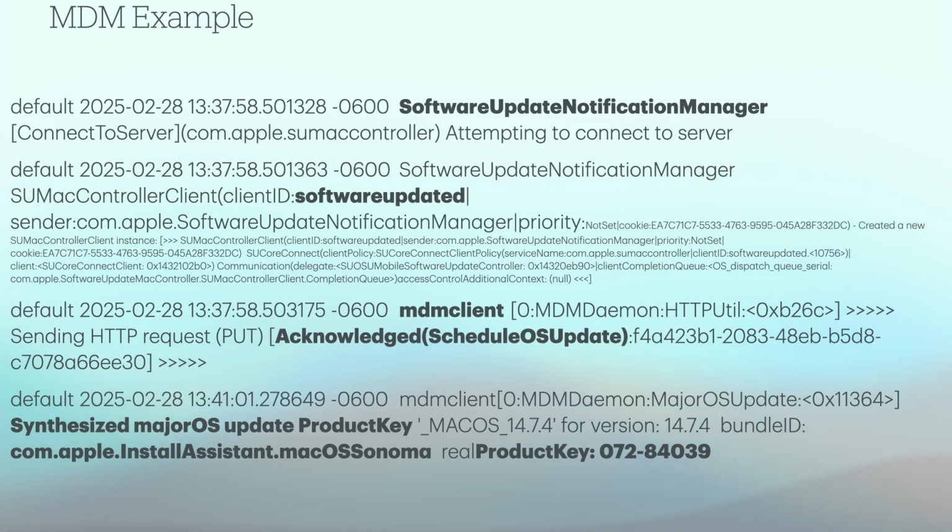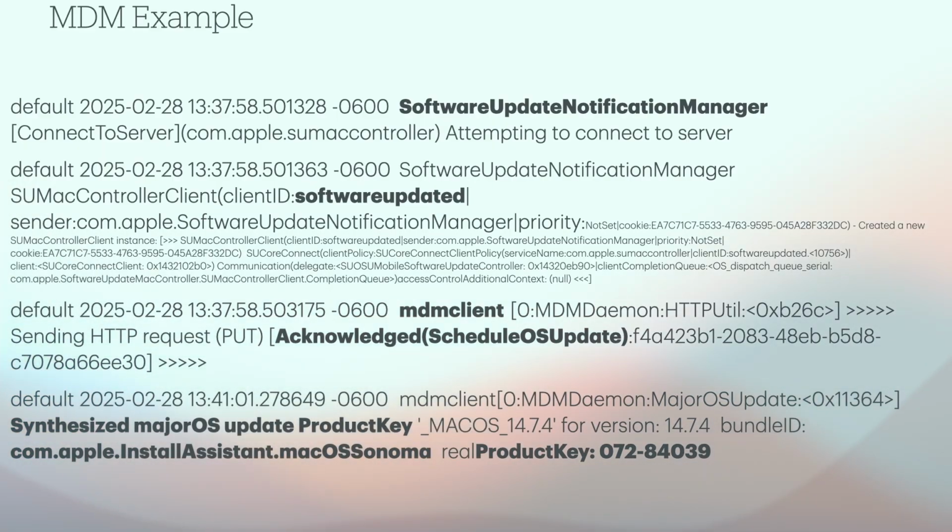Software update daemon is off to the races, and then MDM client, within the same second even, is going to go, okay, I've acknowledged this command, I'm doing it. So your MDM knows, okay, I know it's at least started it.